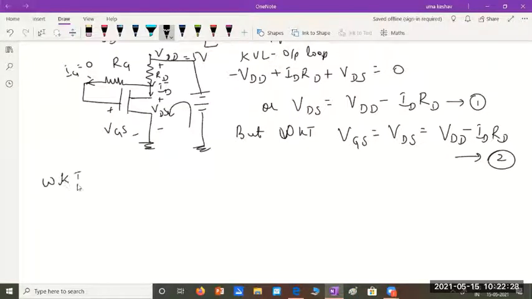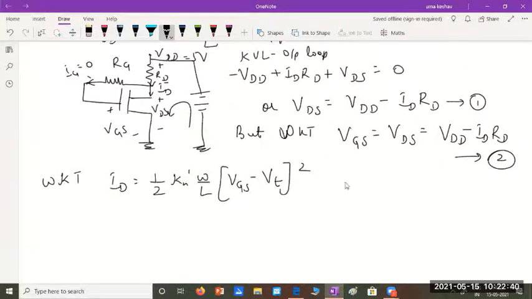We also know that the drain current ID, I'll use this, is half Kn dash W by L, VGS minus VT the whole square. We know this is the equation of the drain current ID, right? So what do we not know in this equation?